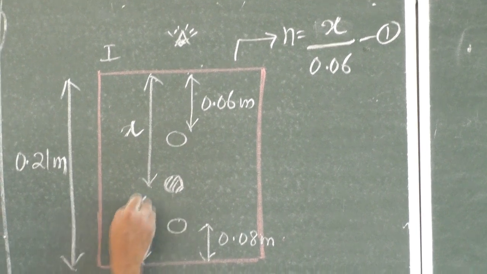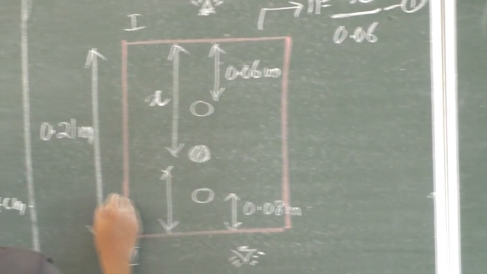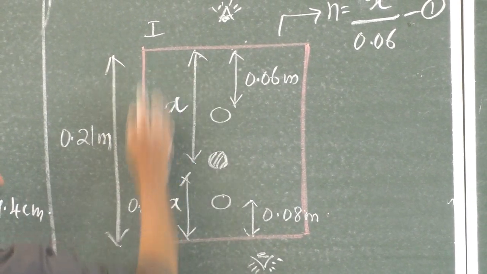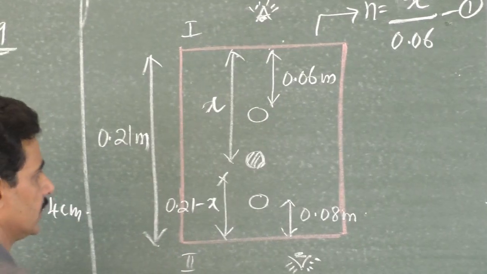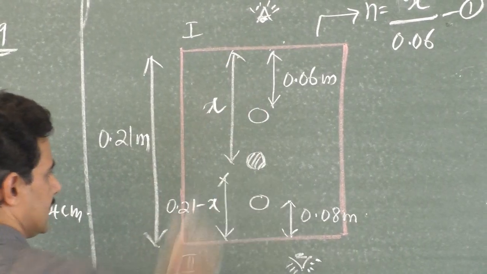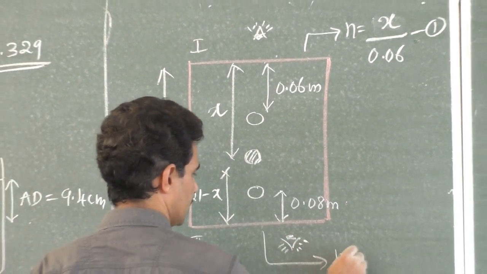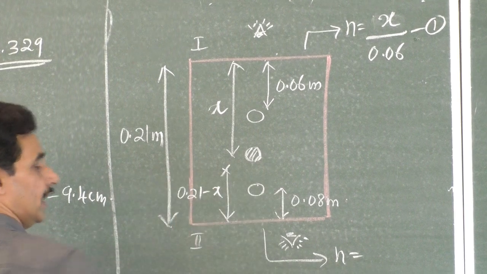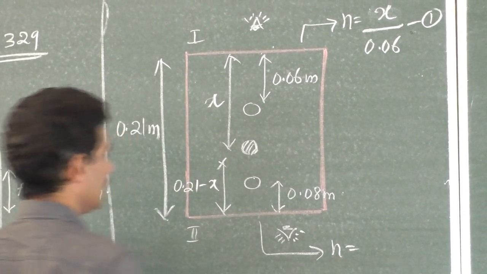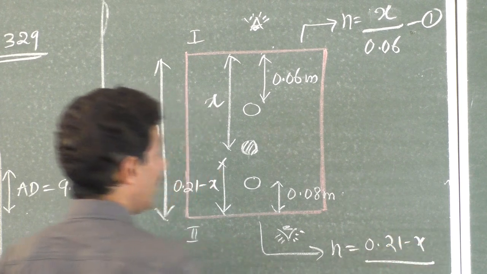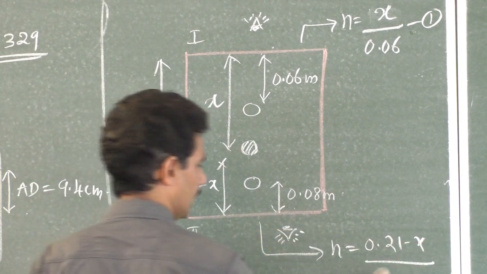This is the real depth from the second face, that is 0.1 minus X: the total thickness of the glass cube minus this x, that is this distance. If you write the formula from this face, n is equal to, same refractive index, same material, right? Real depth is 0.1 minus x by apparent depth, 0.08.